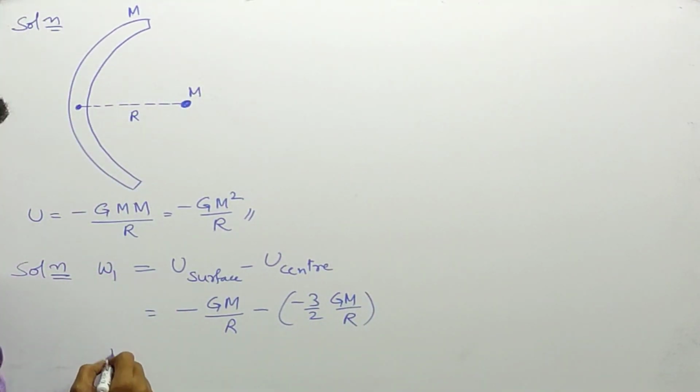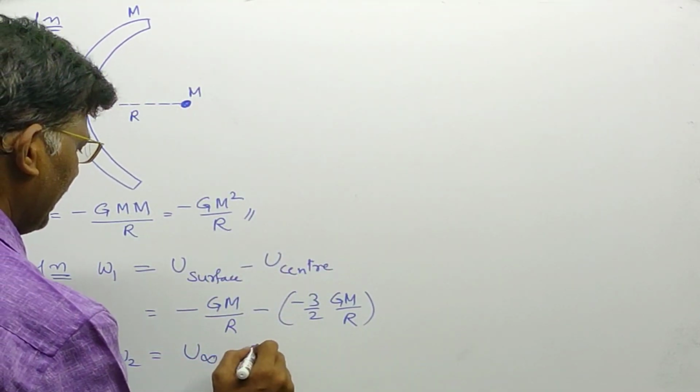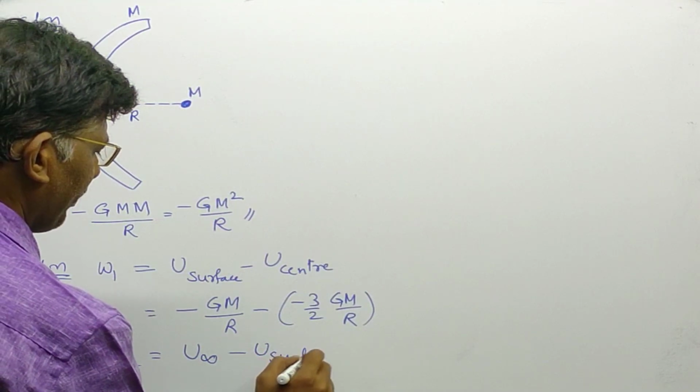Again, W2 is the work done in moving a body from the surface to infinity. So that is U infinity minus U surface.